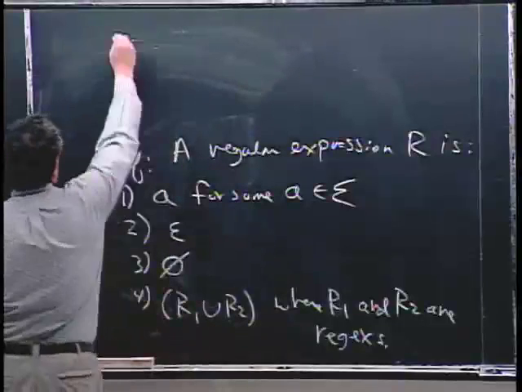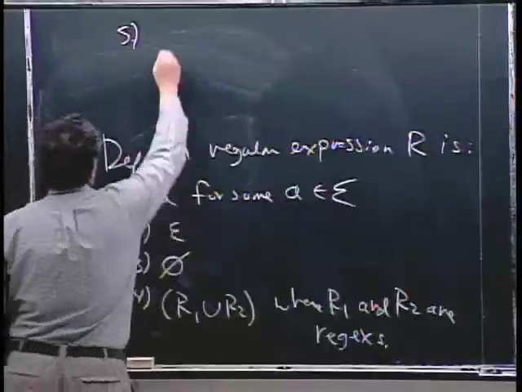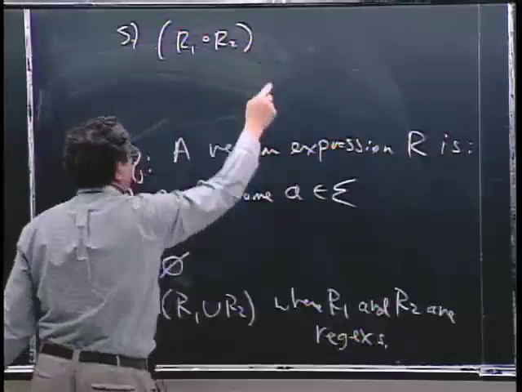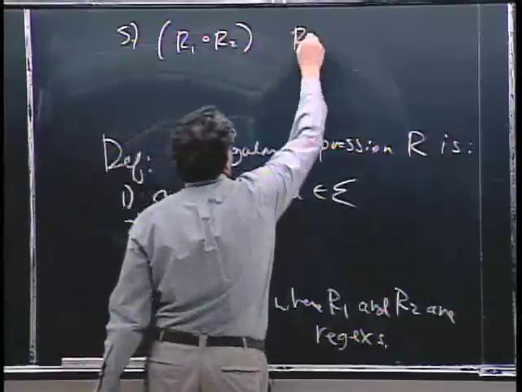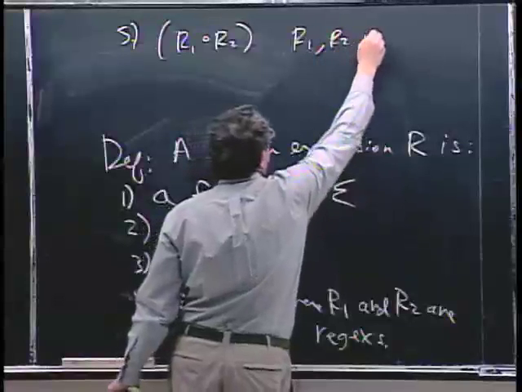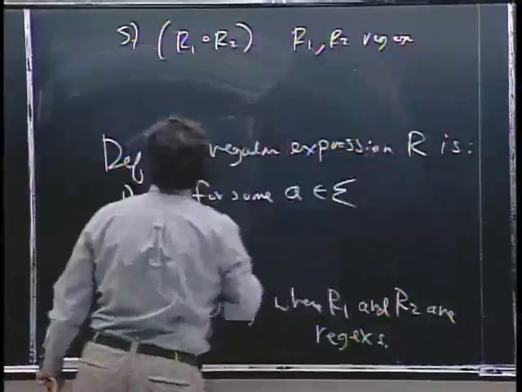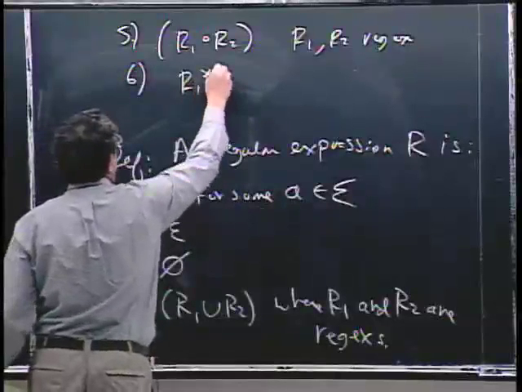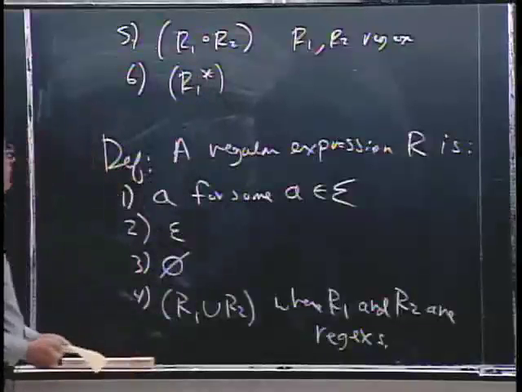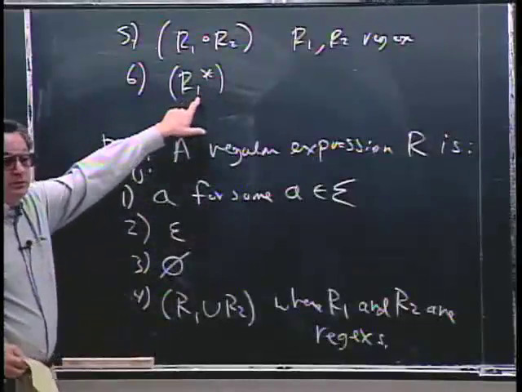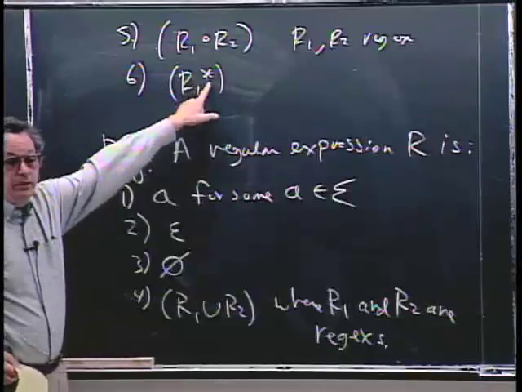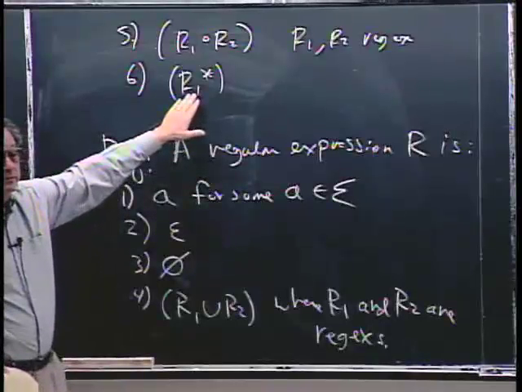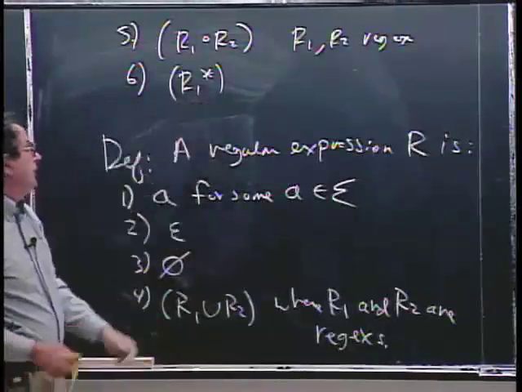Or 5, it's (R1 concatenate R2), where again R1 and R2 are regular expressions. Or 6, it's (R1 star) with parentheses around it. So this is a regular expression starred. That means any number of repetitions of that regular expression, and then parentheses around that.